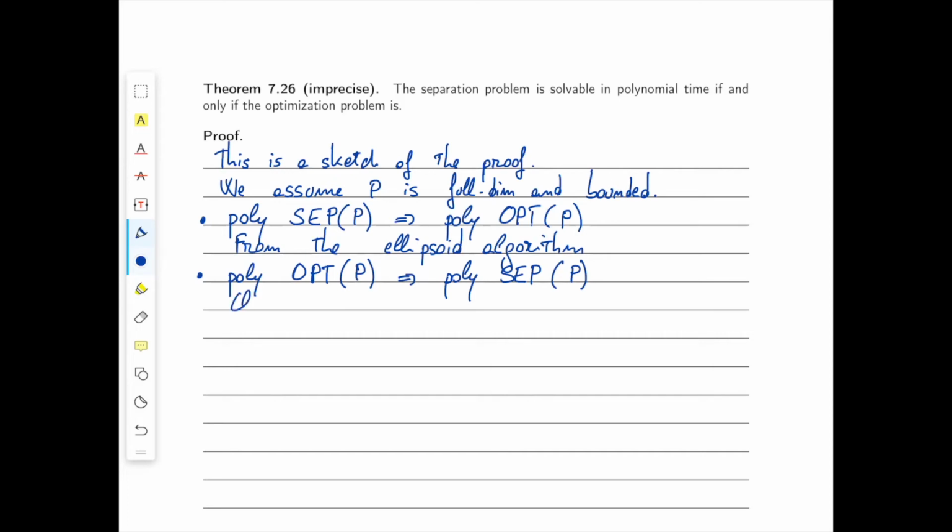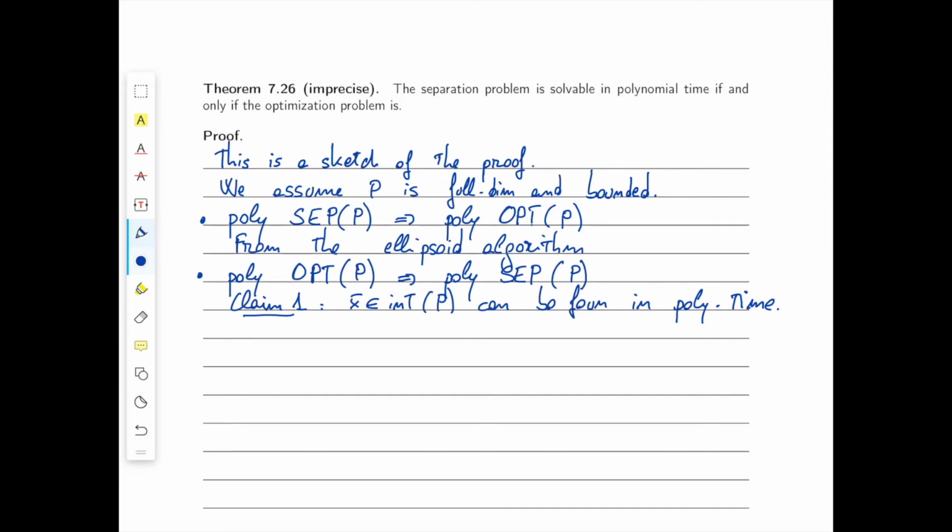So, first claim: a point x bar in the interior of P can be found in polynomial time. Once we found this point, then we can always replace P with P minus x bar and obtain that the origin is in the interior of P.